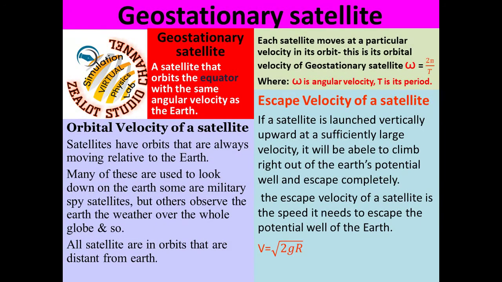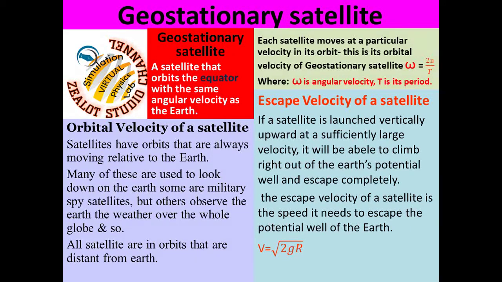All satellites are in orbit at a distance from the Earth, with a height h between the surface of the Earth and the satellite. Each satellite moves at a particular velocity in its orbit.